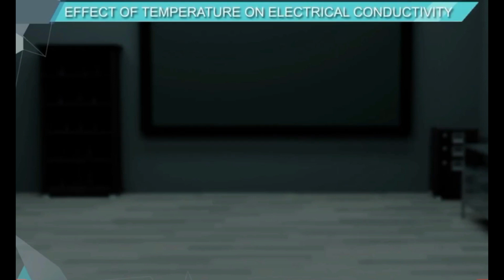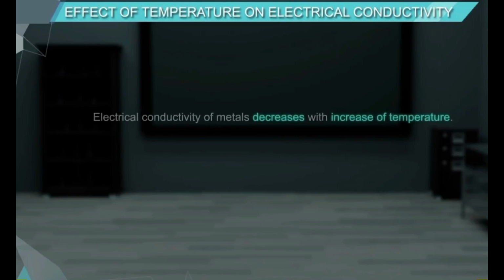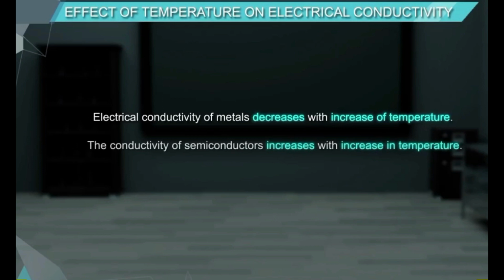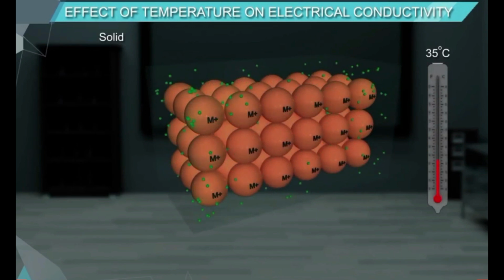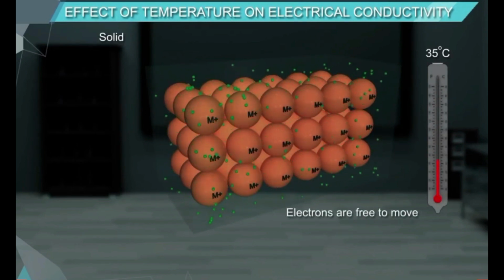Effect of temperature on electrical conductivity. Electrical conductivity of metals decreases with the increase of temperature, whereas the conductivity of semiconductors increases with increase in temperature. Why? In a metallic crystal, the electrons are free to move throughout the crystal.